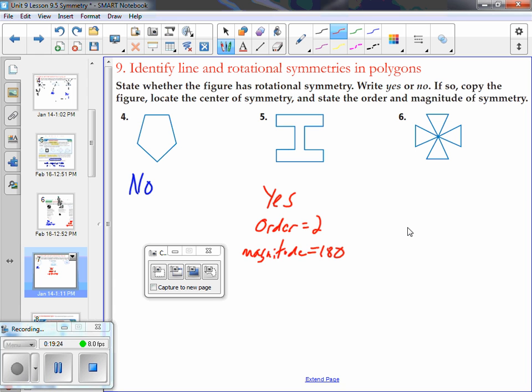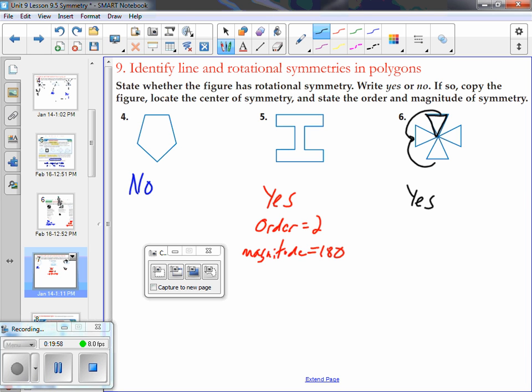All right, number 6. What do you think? Yeah, boy, it sure looks like it has rotational symmetry, so I'm going to go ahead and say yes. Now, you're not always going to be able to do what I do with taking a picture of it or duplicating with the software a figure that looks just like it. So let's visualize it. If I rotate this over to here, if this little triangle rotates over to this one, that would be, now it would look exactly the same, right?